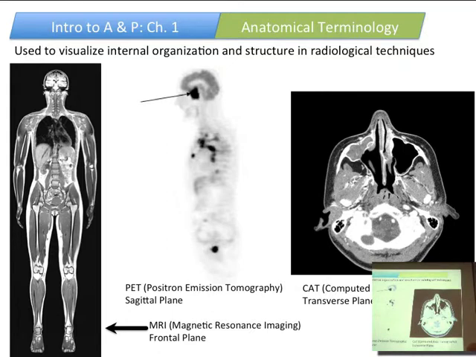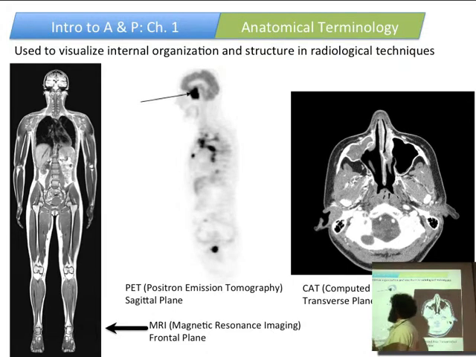So we have X-ray, MRI, CAT scan, PET scan, the list goes on. And this is how we identify what we're looking at. We need to know what kind of section we're looking at to be able to make sense of those planes.